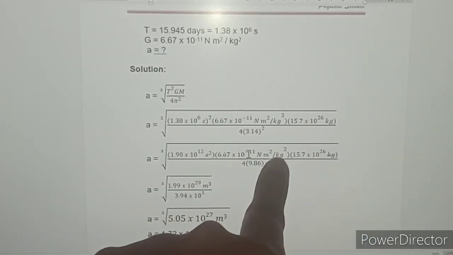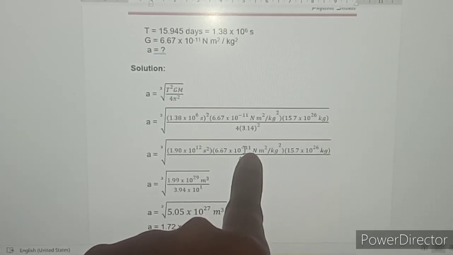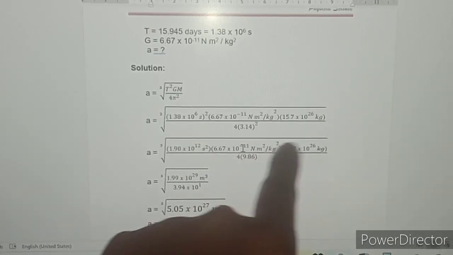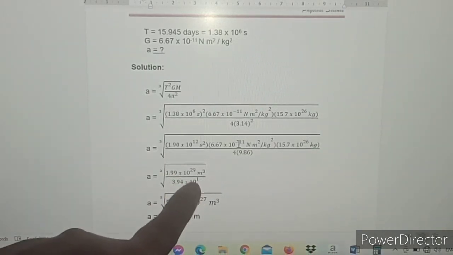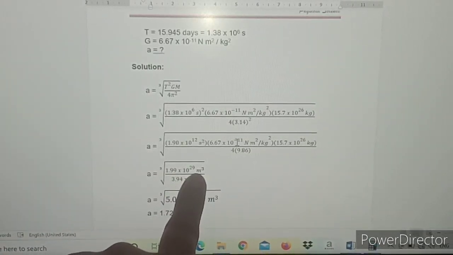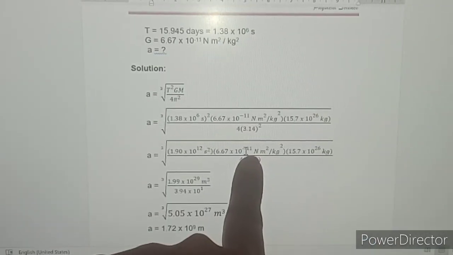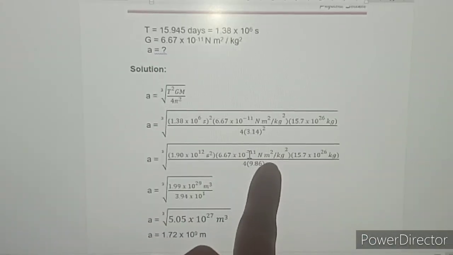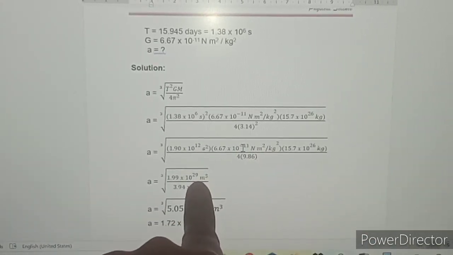And then, yung kilogram, since kilogram squared ito, yung isang kilogram is i-cancel out natin dun sa loob na nasa Newton and then itong isang ito. Okay? Kaya, ang natira lamang nating unit is m cube. Ulitin ko, yung m cube is nanggaling dun sa Newton natin which is i-multiply dun sa m squared natin kaya nagkaroon tayo ng m cube.